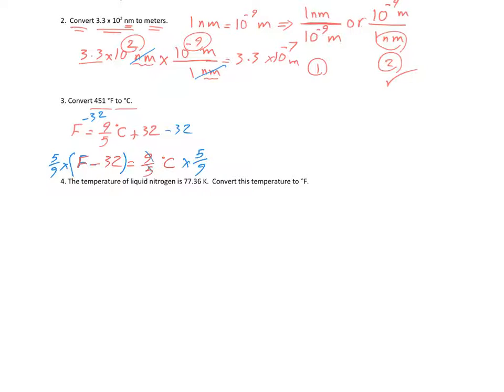So these two will be cancelled, and therefore degrees Celsius is 5 over 9 times, instead of degrees Fahrenheit, I write the number, 451 minus 32.